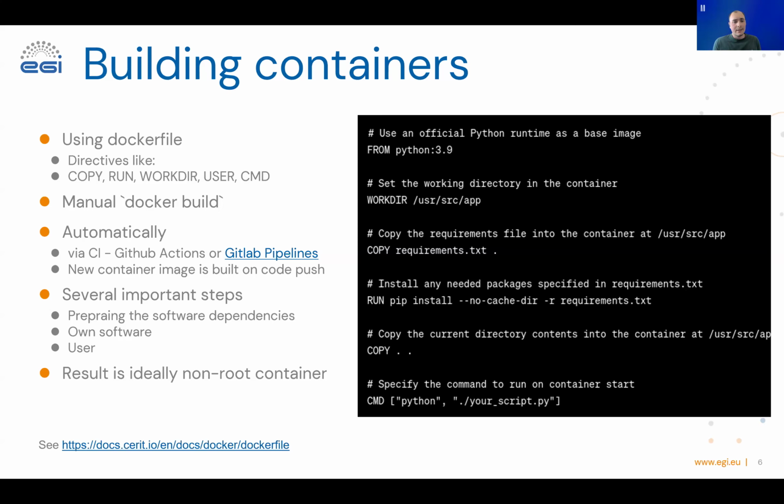When one is building containers, there are several considerations. You have to prepare the software dependencies, basically deciding what dependencies you will have to use, because it depends on what base image you are starting from.